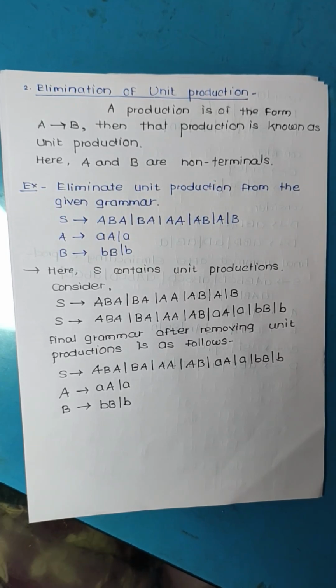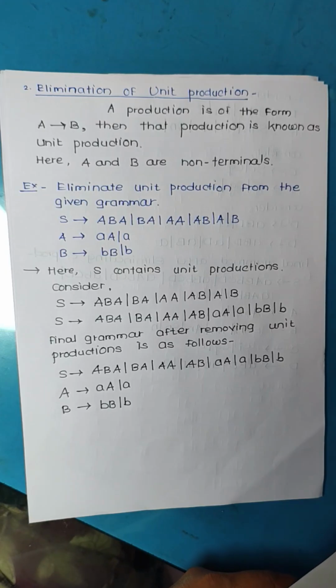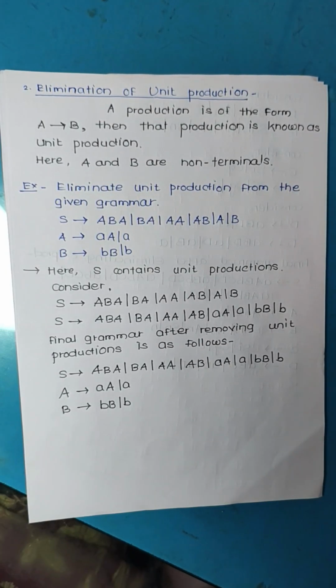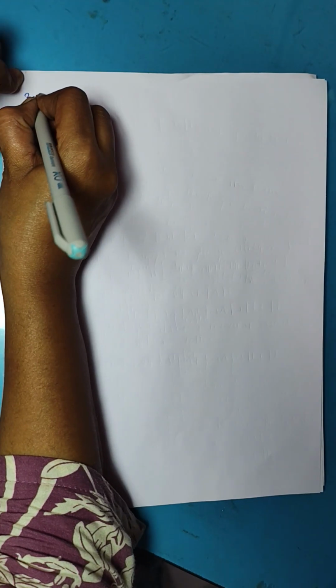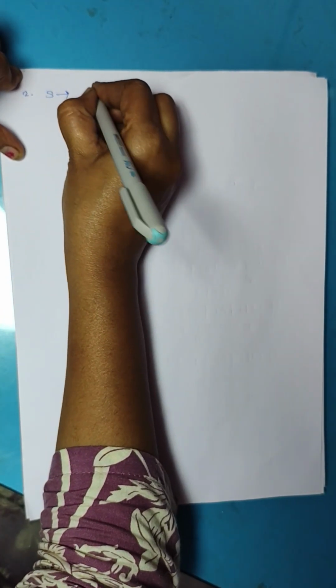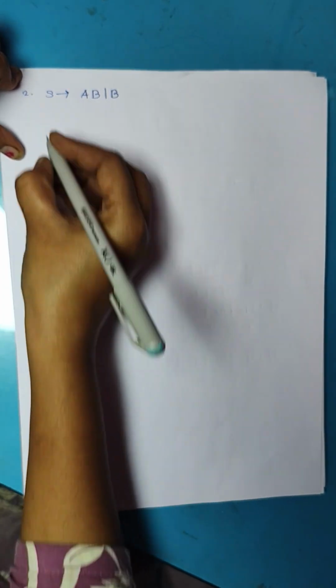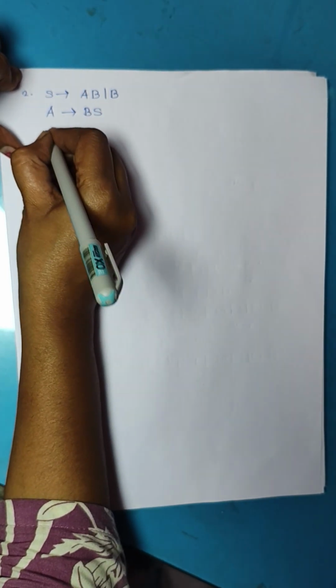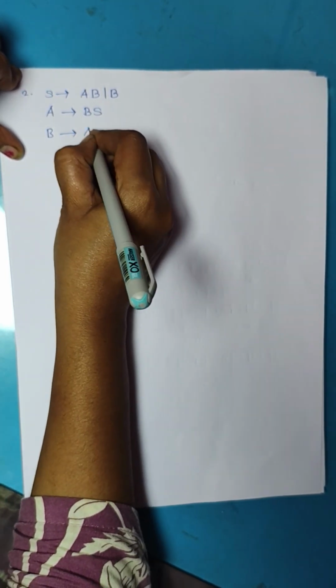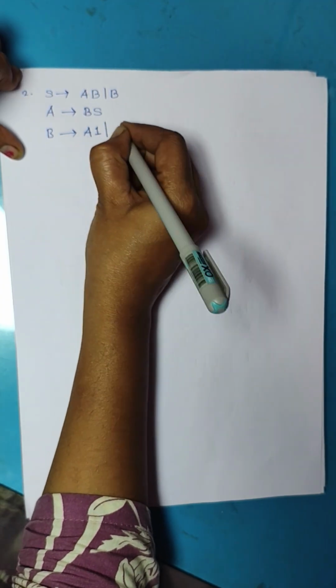Let us consider one more example of a unit production. S gives AB or B. A gives BS and B gives A1 or 1.